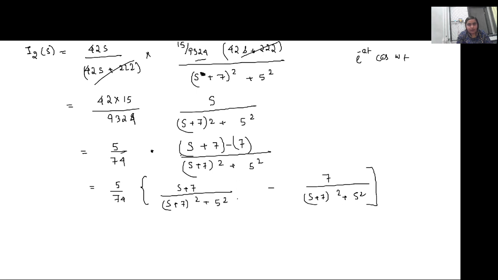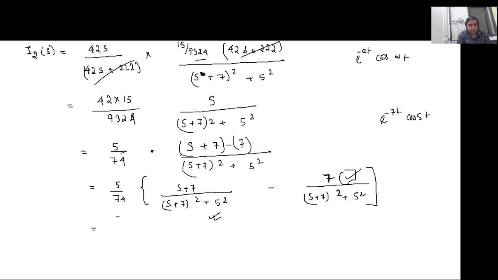Now this is perfectly in the form of e to the power minus 7t cos of 5t, right? But in the second term, since there is no s in the numerator, this will be in the form of sine of omega t, but for that omega has to be on the numerator, which is not there.